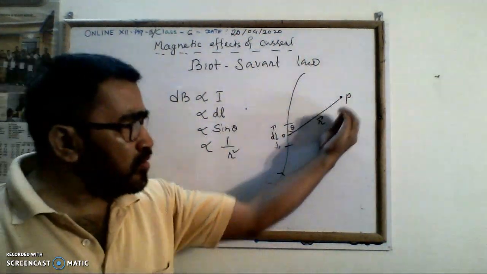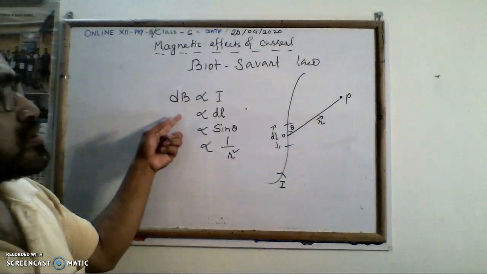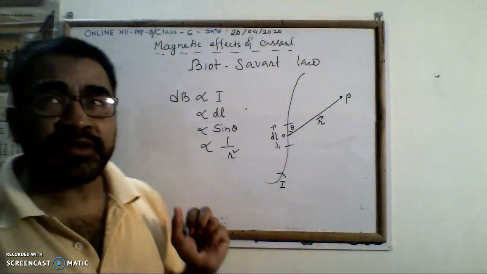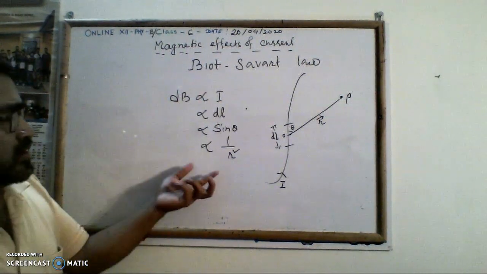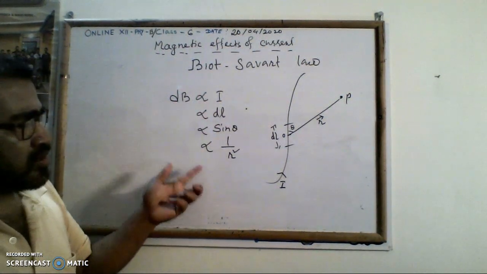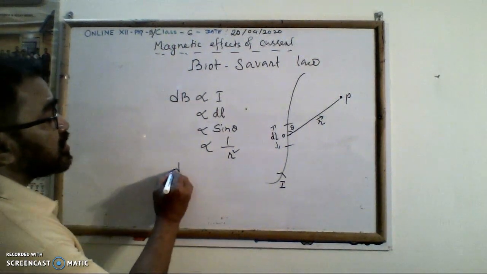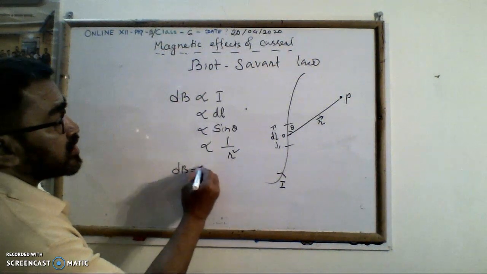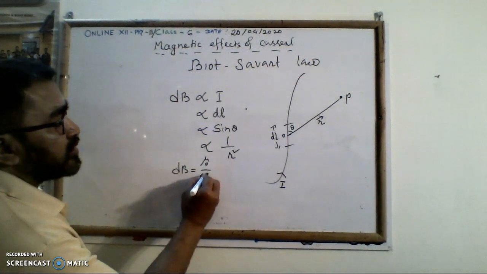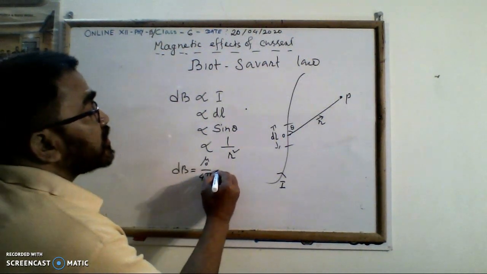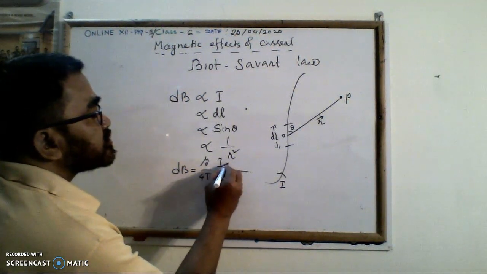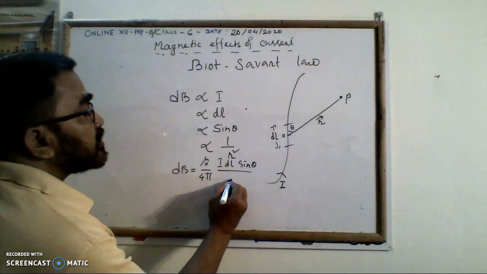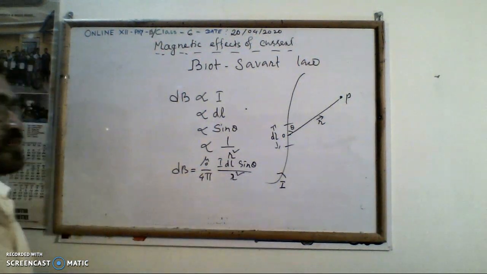When you come closer, then this value will increase. So it is inversely proportional, right? Now, if you combine them together, according to mathematics, you will be in need of one constant. That constant is mu naught by 4 pi. Then I dl sine theta by r square.